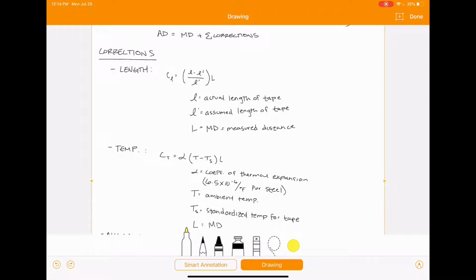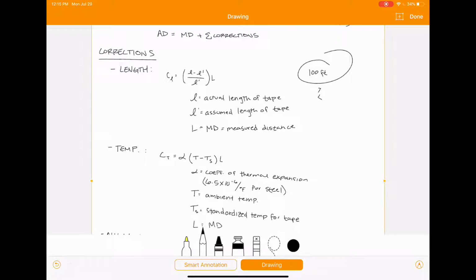The first correction that we're going to talk about is your length correction. This is for if you have a measuring tape that is supposed to be 100 feet long, but in actuality, because of overuse or having it for a long time, whatever the reason, the actual length of your tape is either more or less than 100 feet.